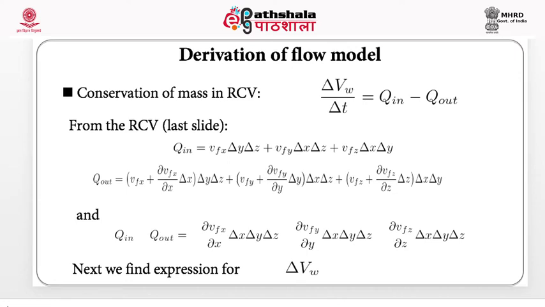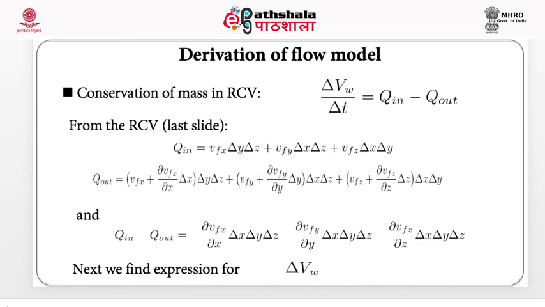Okay, now we have derived a very fundamental flow model. There are different forms of flow model. The most visible one is a Laplace equation, which is for constant conductivity and deals with the steady state conditions. When we say steady state, we mean that the time derivative is 0.